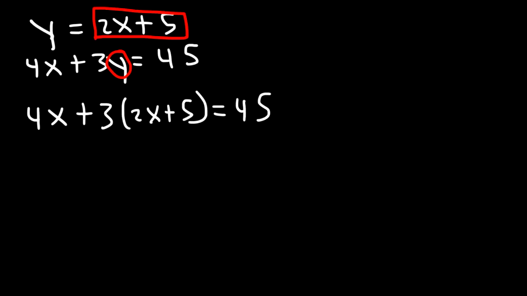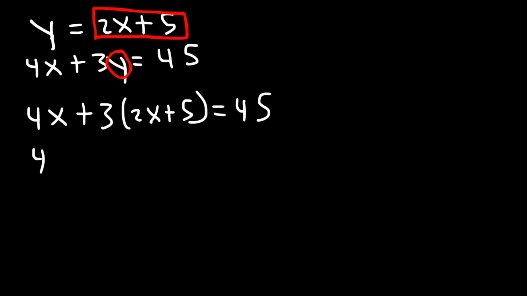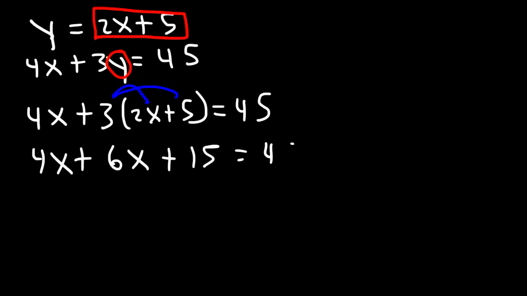And so now we have one equation with one variable. So now let's calculate the value of x. So let's begin by distributing the 3. And so 3 times 2x is 6x, and then 3 times 5 is 15. So now let's combine like terms. 4x plus 6x is 10x.